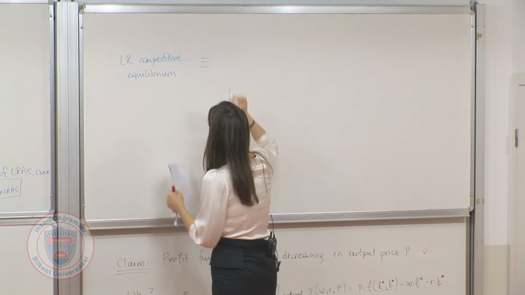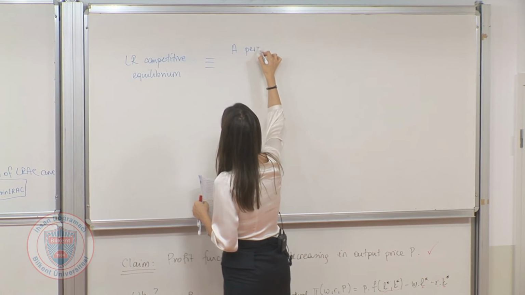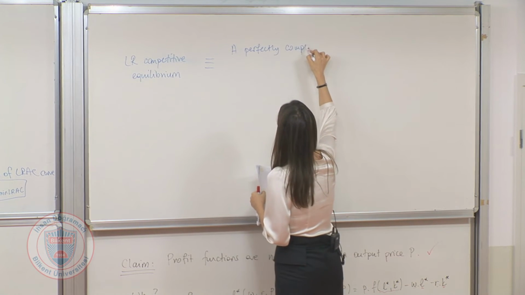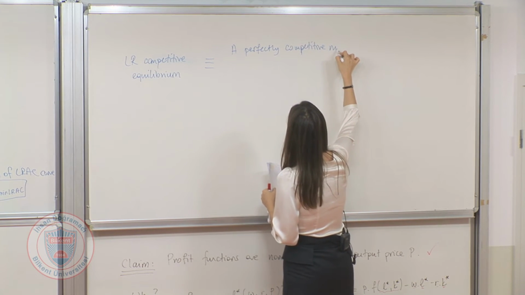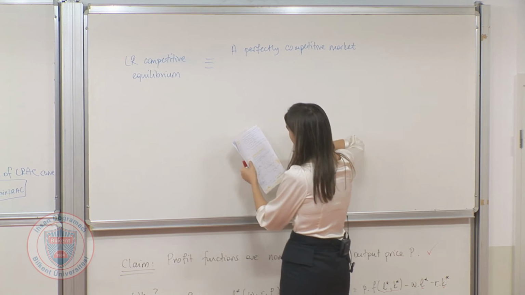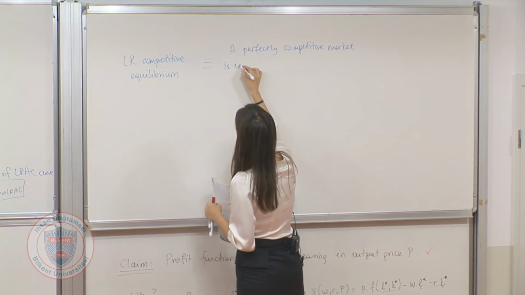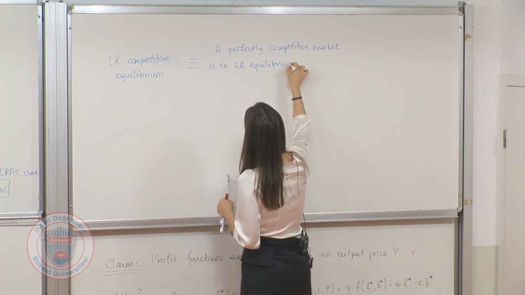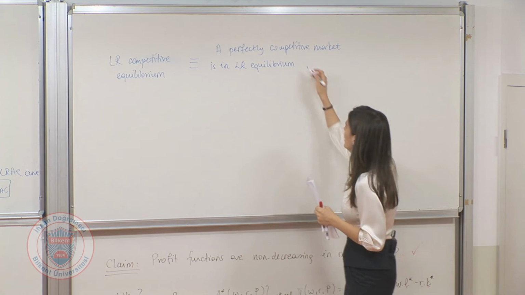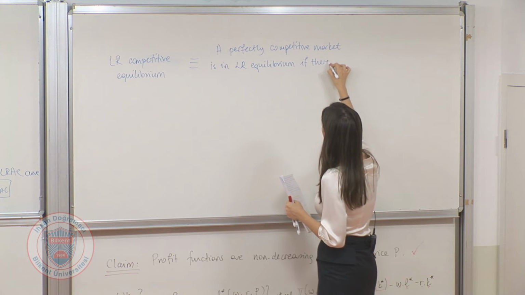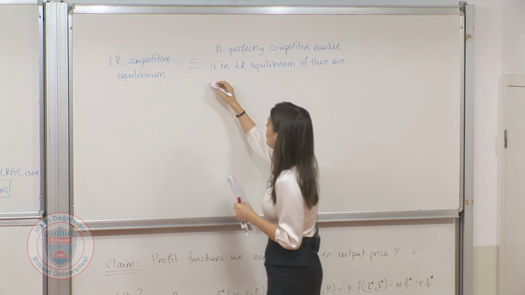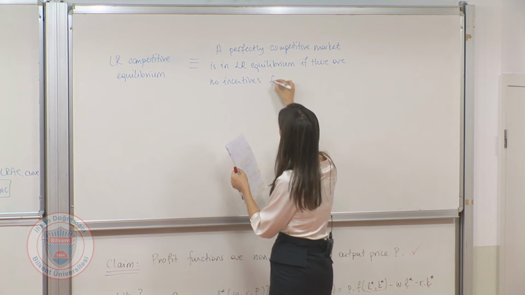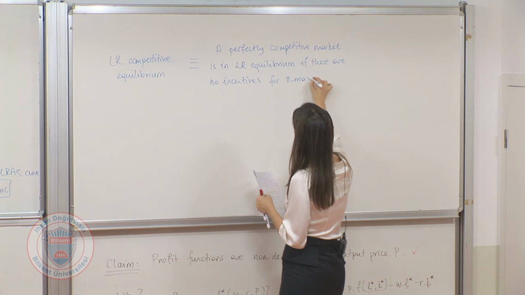So the definition of it is a perfectly competitive market, okay, is in long run equilibrium if there are no incentives for profit maximizing firms.